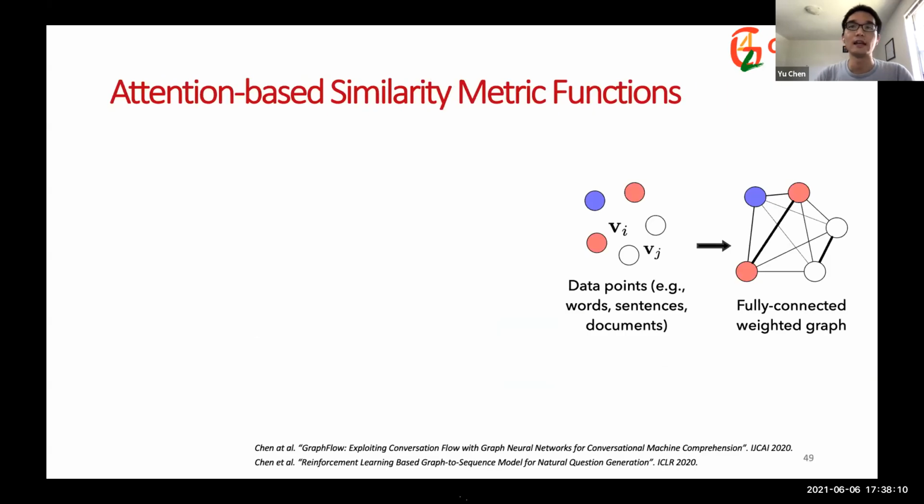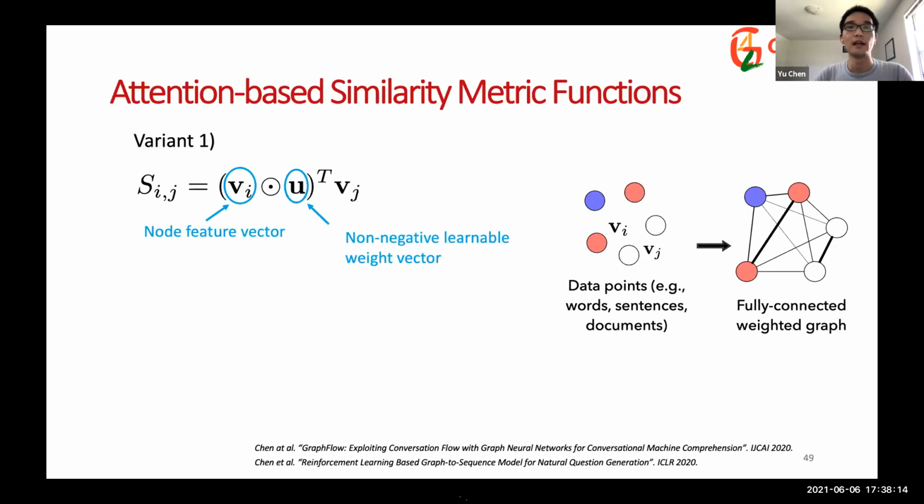So let's talk about attention-based metric functions first. Here I show two variants of such a metric function. In variant 1, here V is a node embedding vector, and U is a non-negative weight vector learned to highlight different dimensions of node embeddings.